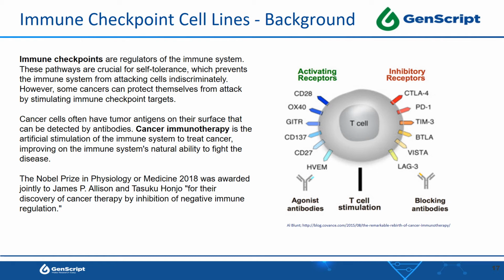There are also inhibitory receptors expressed on the T cells, including CTLA4, PD1, TIM3, BTLA, VISTA, and LAG3. To target the activating receptors or the inhibitory receptors, agonist antibodies or blocking antibodies can be developed.